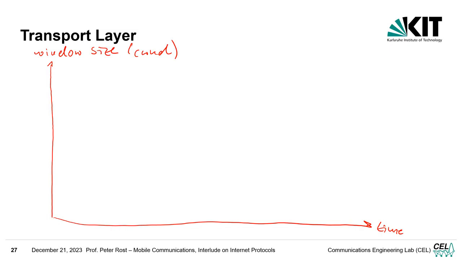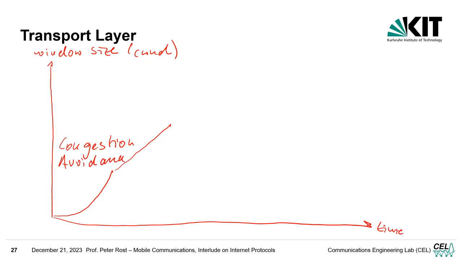And this window is sort of the amount of data that you can transmit. So the larger the window, the more data you are transmitting until you wait for an acknowledgement. Then how TCP works is you have a so-called slow start. You go up here, and then once you cross a certain threshold, you go into the so-called congestion avoidance phase, which is this linear one here. So that's the so-called congestion avoidance.